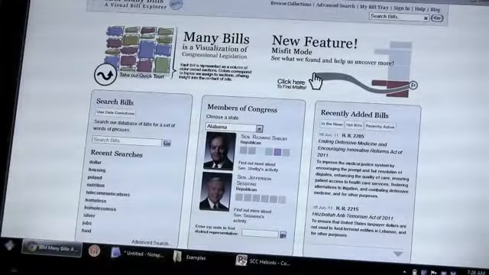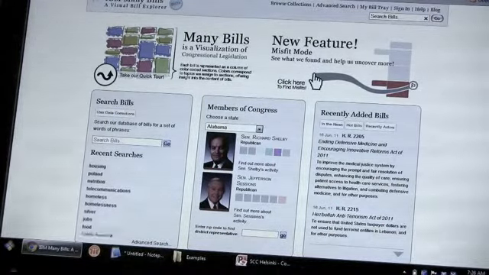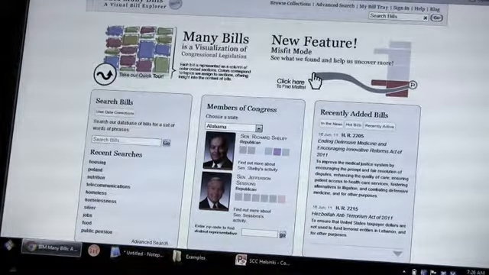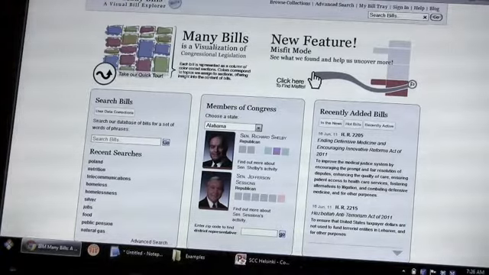ManyBuilds is an extension of the same concept. So how can we take what is normally a very difficult to understand process, how a bill becomes a law, and take that information and make it very transparent, very visible, very easy to understand, and very easy to visualize. What the ManyBuilds team has done is they've taken US congressional bills, which is now open to the public, and they've taken all the bill text.